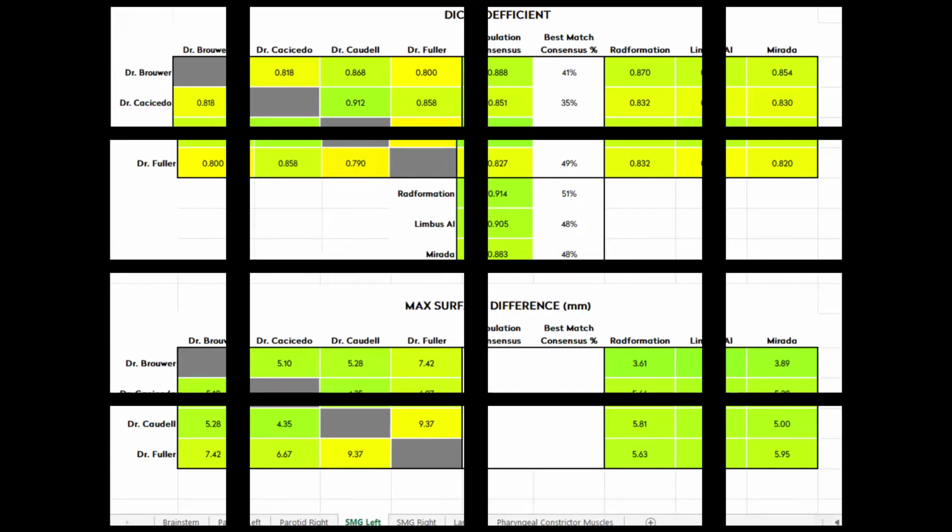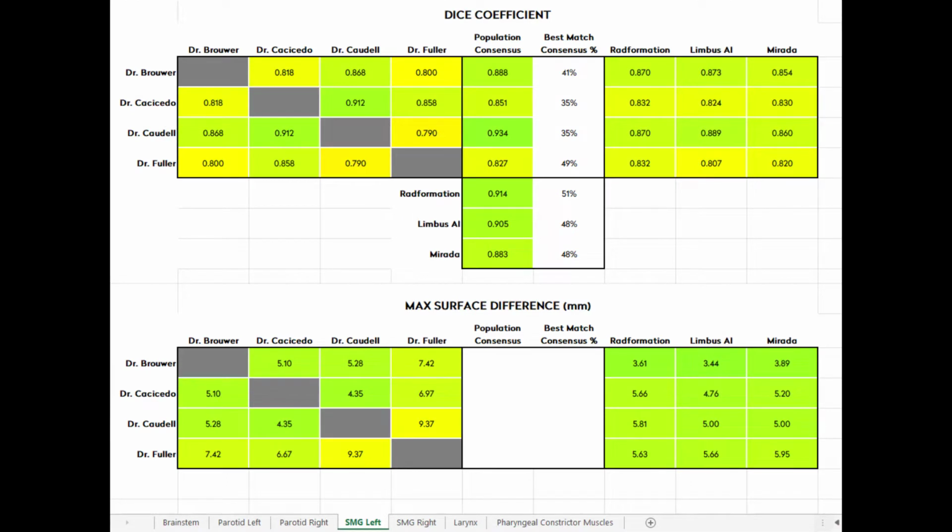Here are the first grids. It's a really good sign when you see a lot of green. One thing I forgot to mention, I will color code the cells. For the DICE coefficient, I chose red to be 0.5 or lower, yellow 0.75, and a bright green would be a perfect overlap of 1, and then a continual spectrum over that.